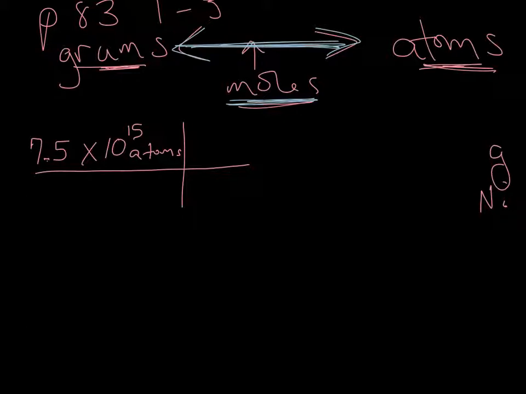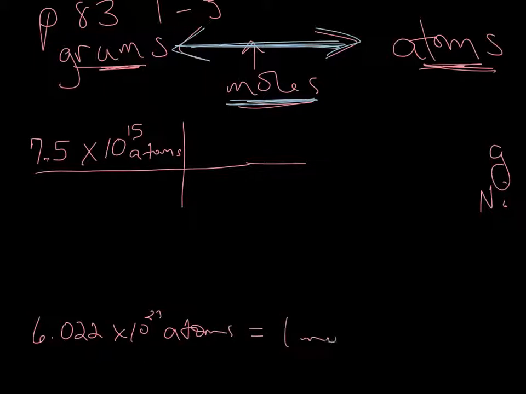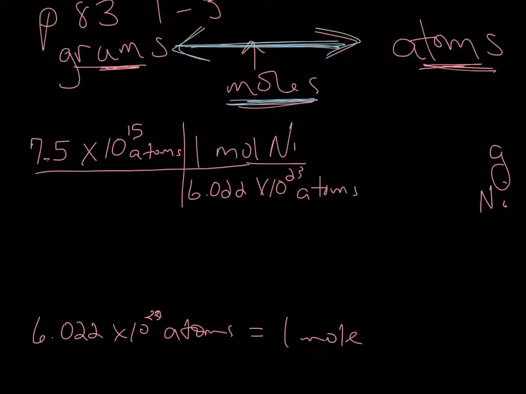We need to know what substance we have. So what is the number of atoms per mole? We know there is 6.022 times 10 to the 23rd atoms in 1 mole. So this will go in our first step. So I know that there's 6.022 times 10 to the 23rd atoms in 1 mole, and this is nickel.